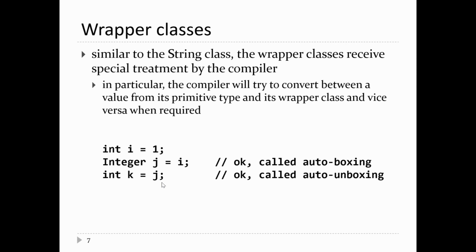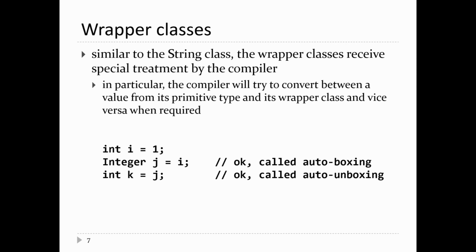The compiler automatically extracts the integer value belonging to j, which is 1, and then stores that in k. So that's called auto unboxing: automatically extracting the value from a wrapper type to get the corresponding primitive type value.